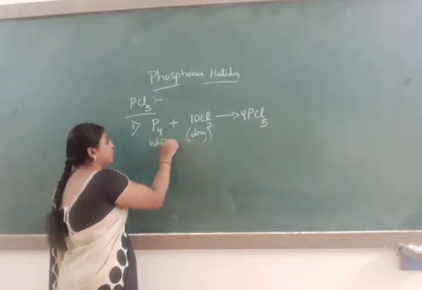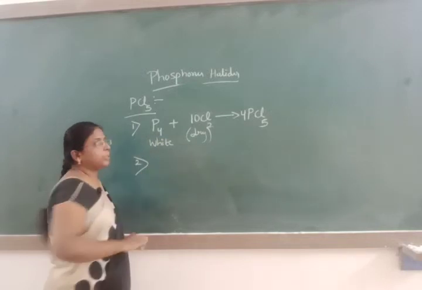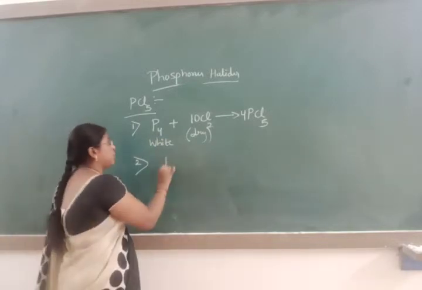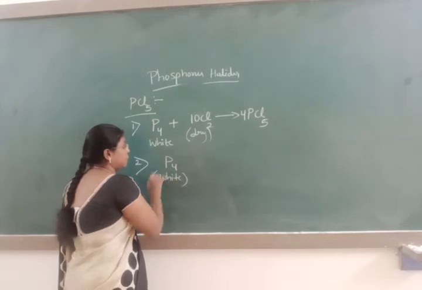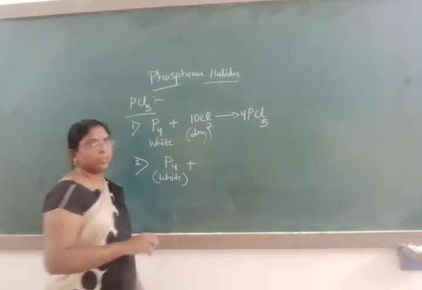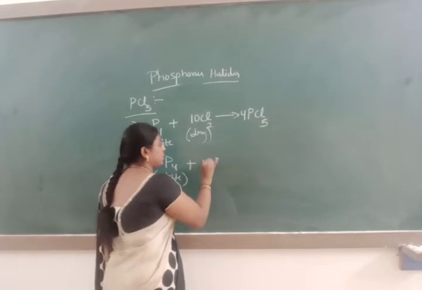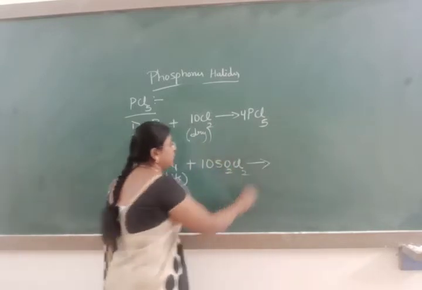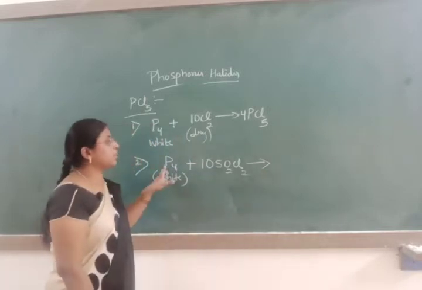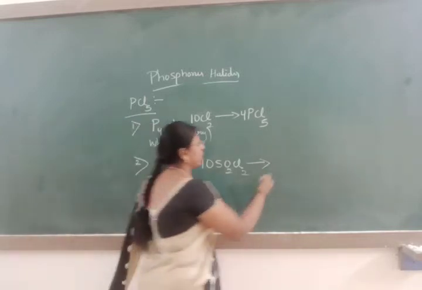This is the first method. In the second method of preparation, white phosphorus reacts with SO2Cl2 to form phosphorus pentachloride.